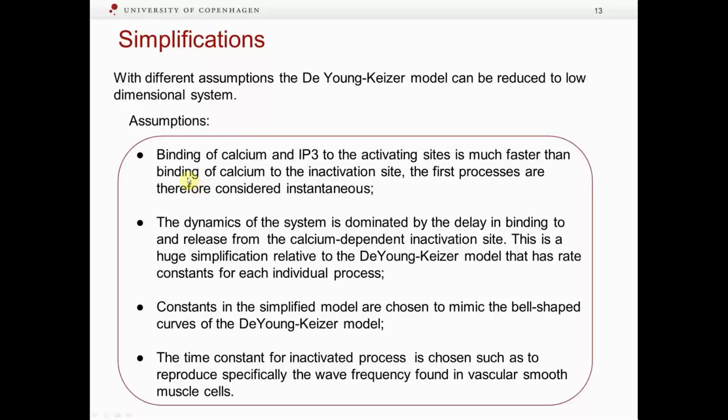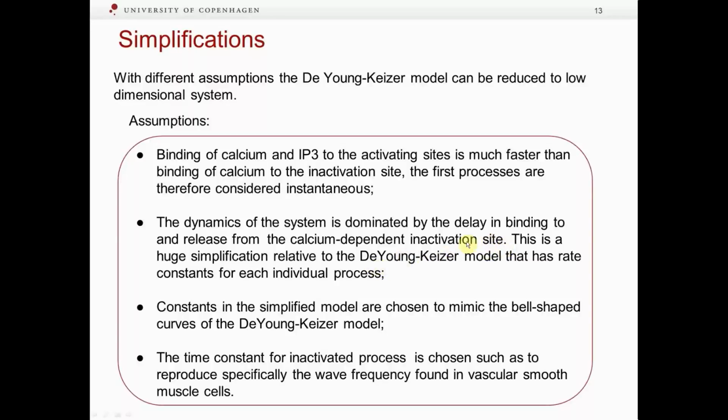So first, the assumptions are that binding of calcium and IP3 to the activating site is much faster than binding of calcium to the inactivating site. The first processes can therefore be considered instantaneous relative to the third process. The dynamics of the system is then dominated by delay in the binding and release from the calcium-dependent inactivation site.